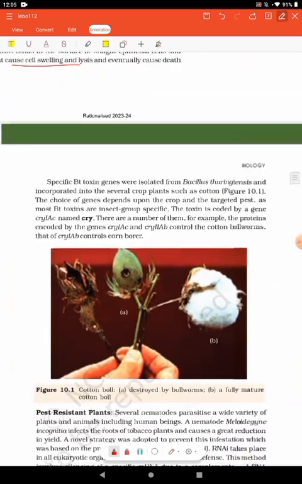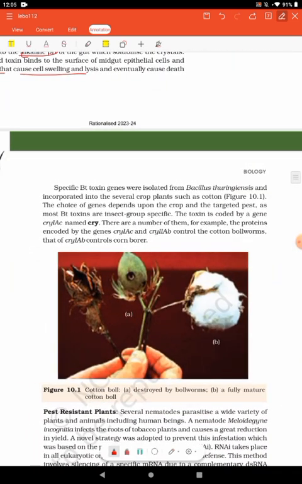Okay, this specific Bt cotton genes are isolated from that, I already told you. You have to remember the names of the toxins which are coded by the genes, named as cry. Okay, so these are important genes, CRY1AC and CRY2AB, which help in controlling cotton bollworm.